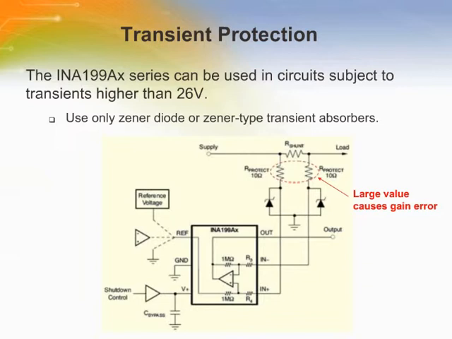Start by adding a pair of resistors as shown in the figure as working impedance for the Zener. It is desirable to keep these resistors as small as possible, most often around 10 ohms. Large values can be used with an effect on gain that is discussed in the section on input filtering.